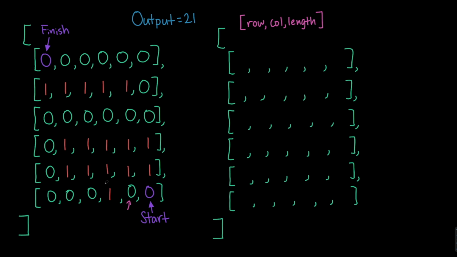So the way we can handle that is we can come up here to the information that we store for every single element in our queue, and we can add the number of walls removed. I'm just going to write this as walls for the sake of space right now, but we need to track the number of walls that have been removed so far. That way, we can say, if we are currently at a 1, then check the number of walls removed so far.